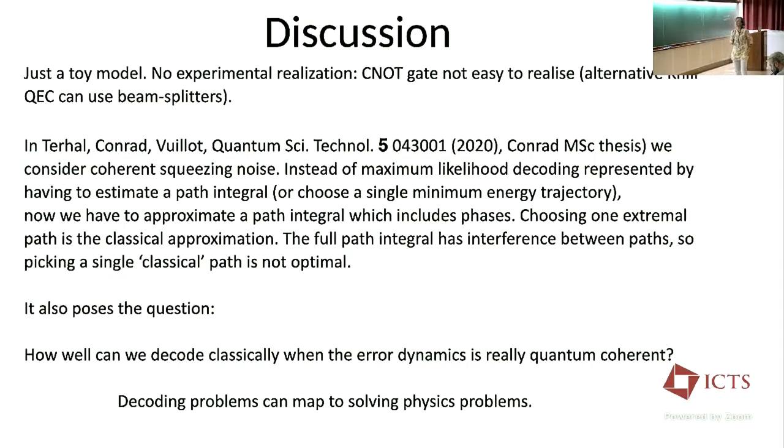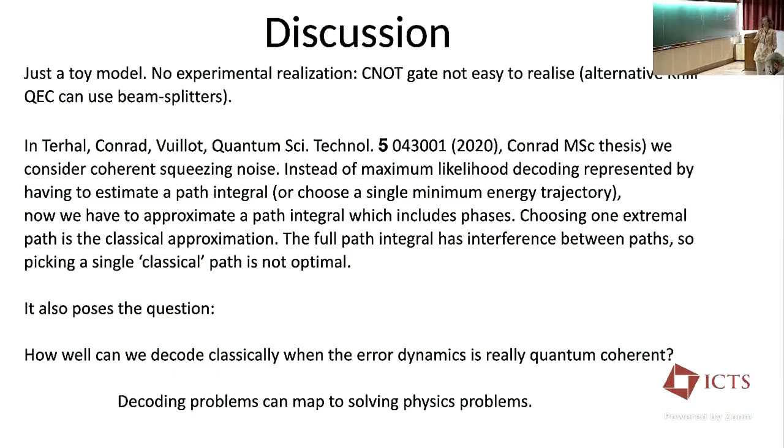It probably gets very hard, because already we saw that with coherent squeezing noise, I wanted to look at whether our strategy made any sense. Now there's not a stochastic accumulation of shifts. And then the problem is that you're tracking the wave function itself.